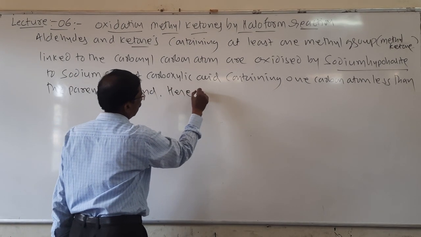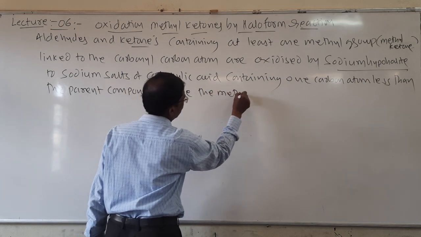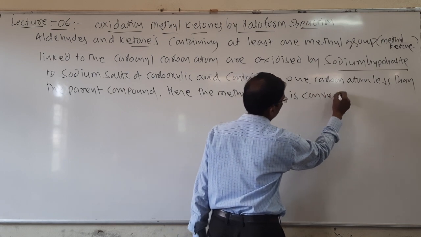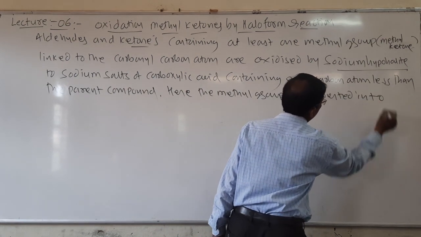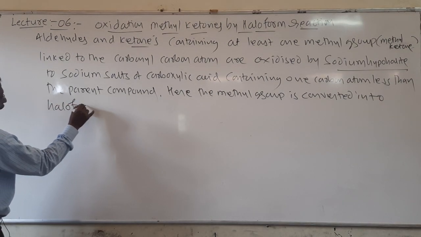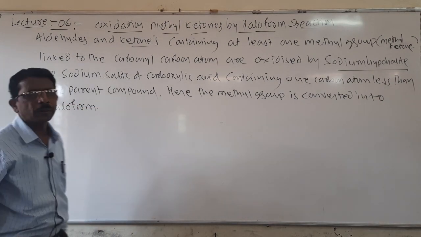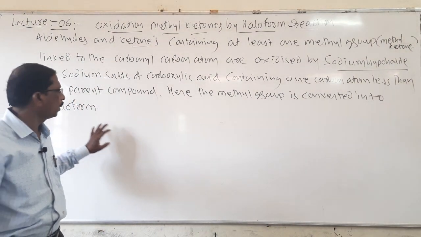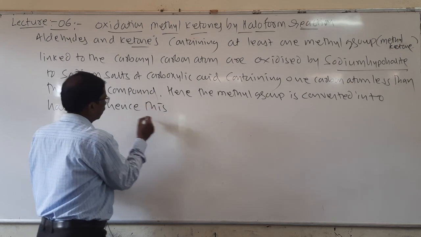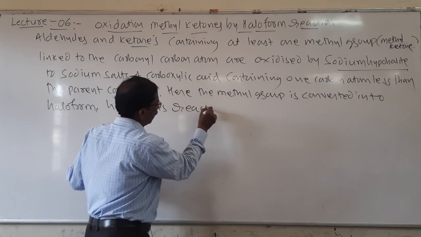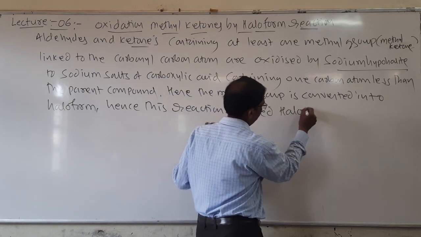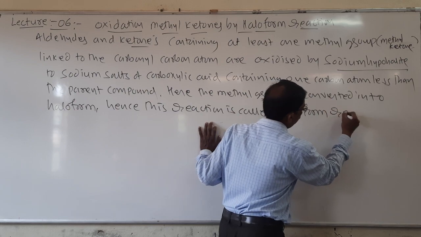Here the methyl group is converted into haloform. Look here students, the methyl group is converted into haloform. Hence this reaction is called the haloform reaction.